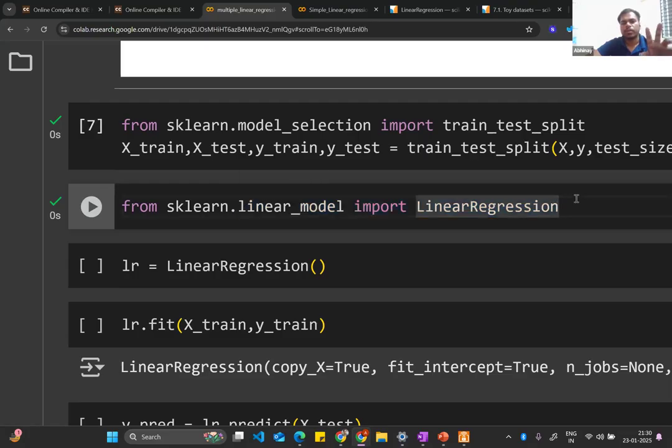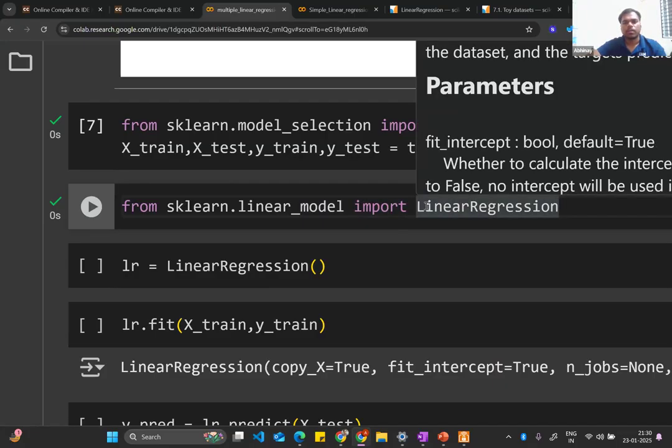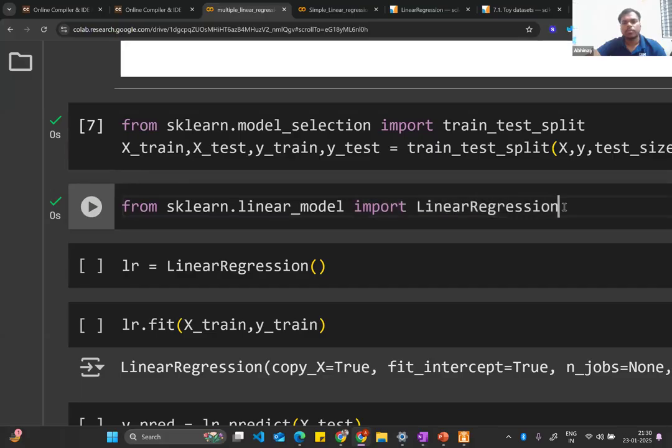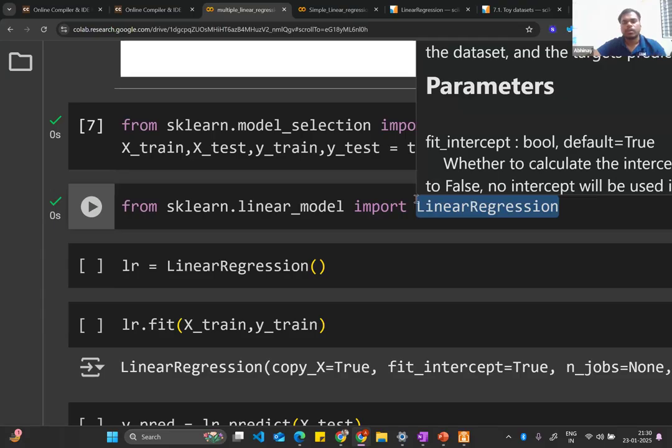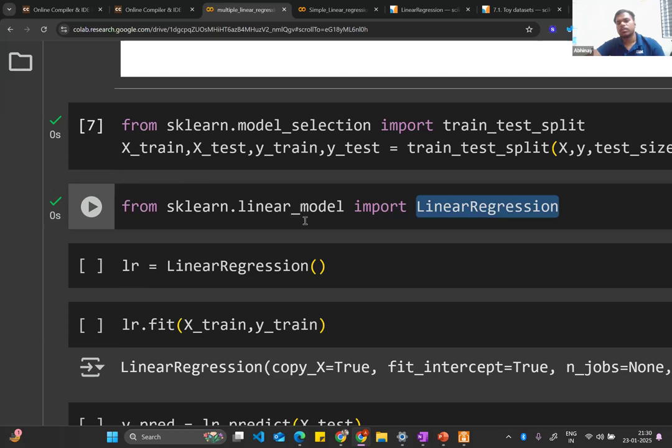The only thing that has changed is that you have two input data sets and one output data set. The model name is also the same, because all of these are part of linear regression: simple, polynomial and multiple linear regression.